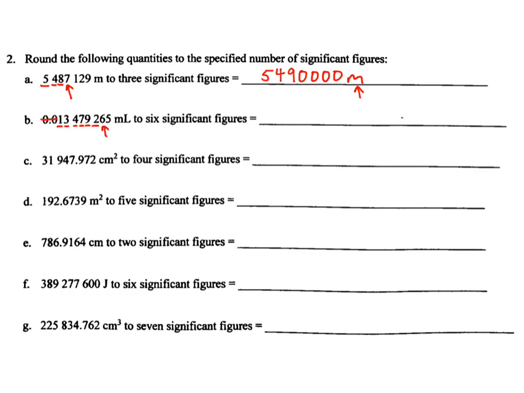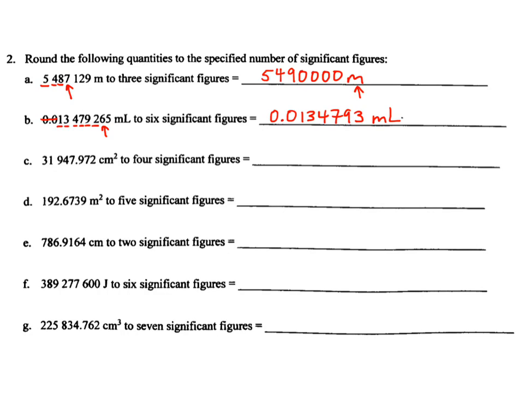So we would say 0.0, and those are non-significant. And then we have 1, 3, 4, 7, 9, and our last number here is the 2, but it will round up to 3 because it is followed by the 6 there. And that's all that we do right here. We just write in our units, milliliters.